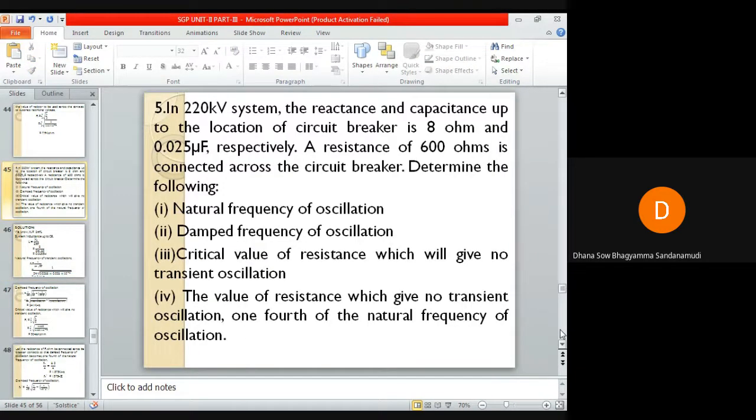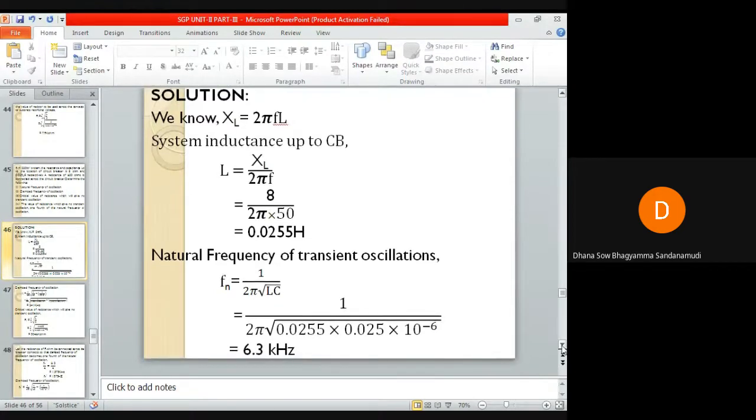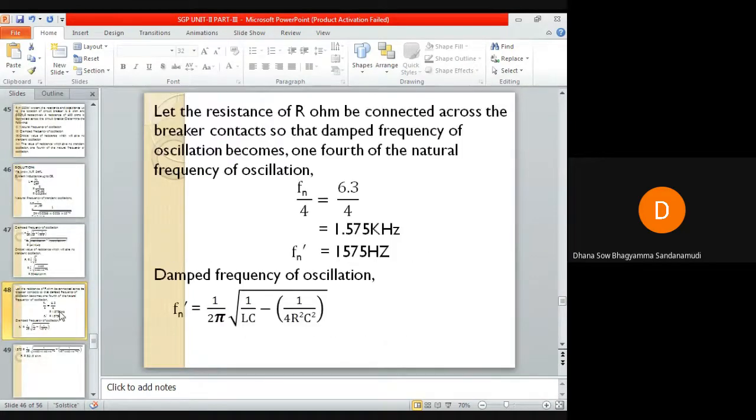So natural frequency value is 6.3 kilohertz. You can see on your screen. Natural frequency is 6.3 kilohertz. So now for determining this R value, the damped frequency of oscillation should be 1/4 of the natural frequency.